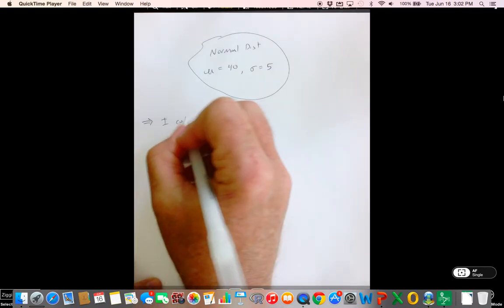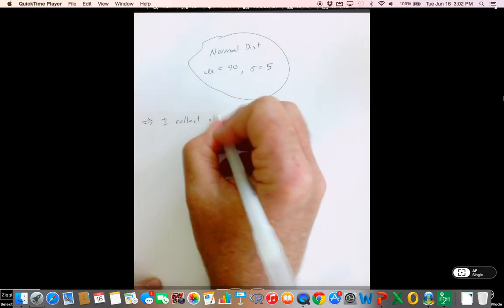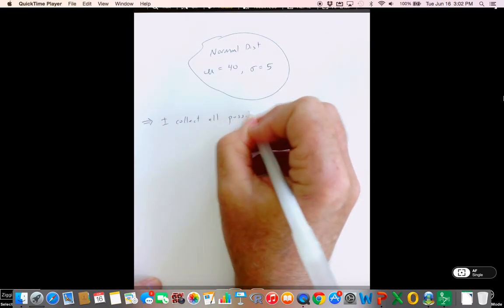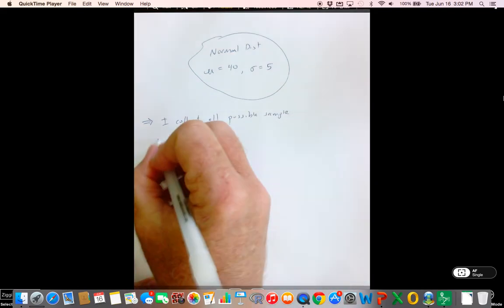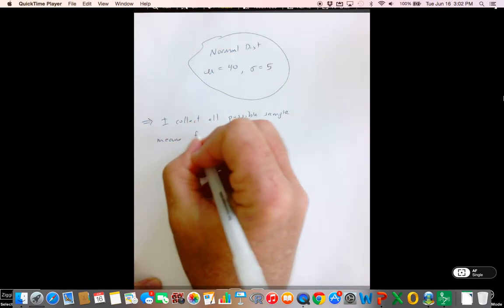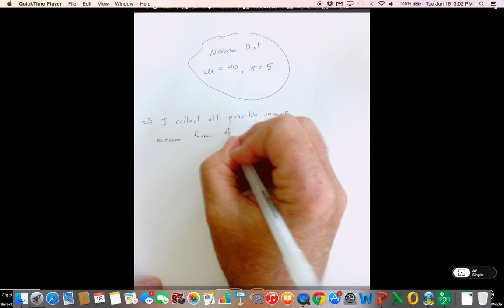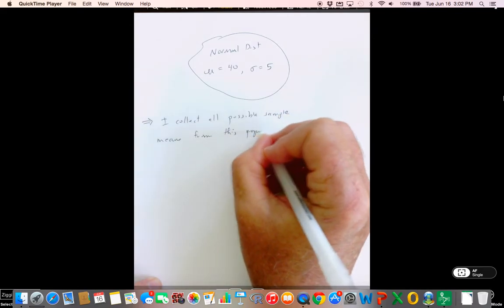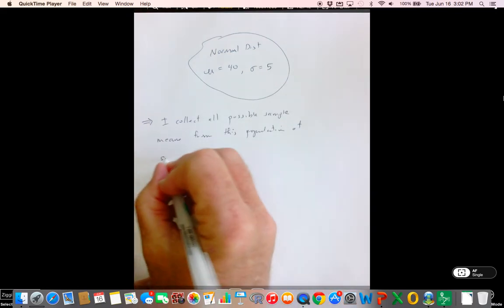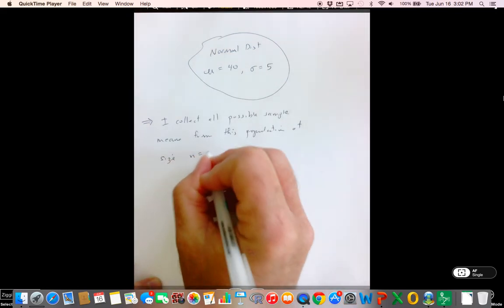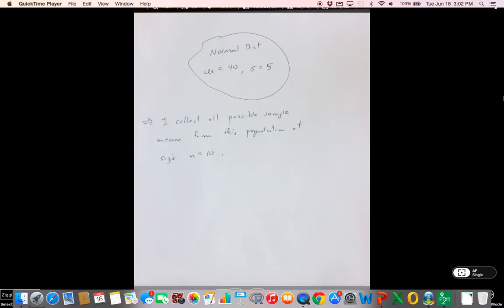I collect all sample means, all possible sample means from this population of size 10.